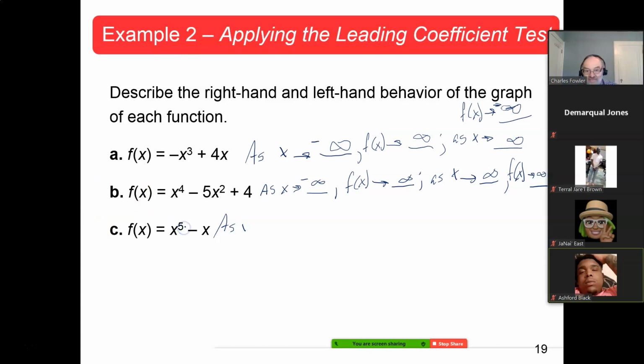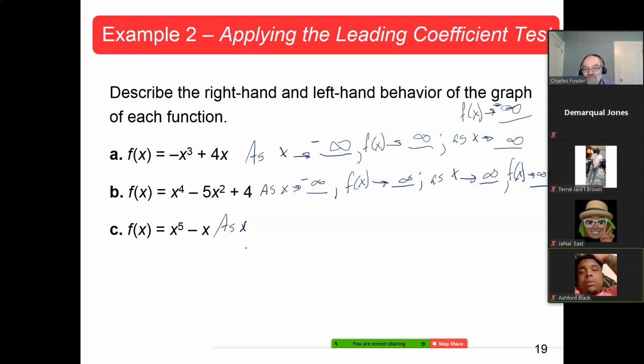Okay, there's the cursor. Let me see if that helped. It doesn't seem to be cooperating at all. I can't write on the screen anymore, folks. Sorry about that. Let's talk through it.